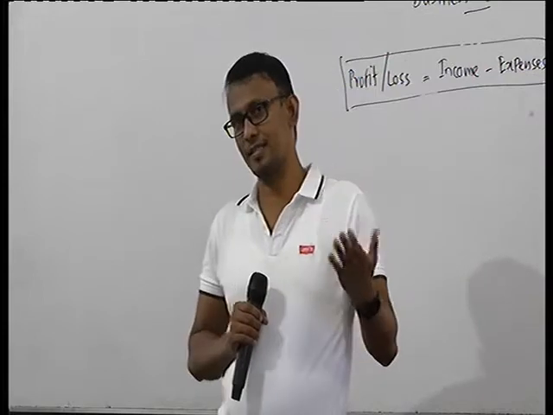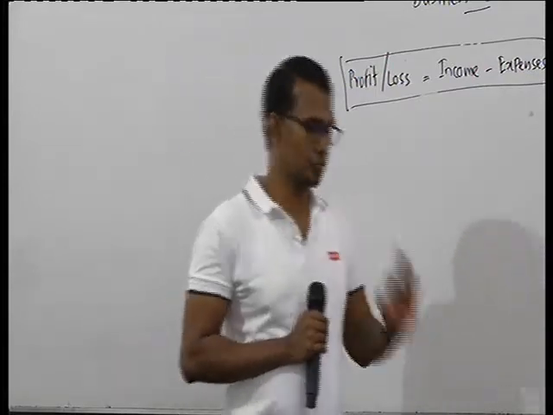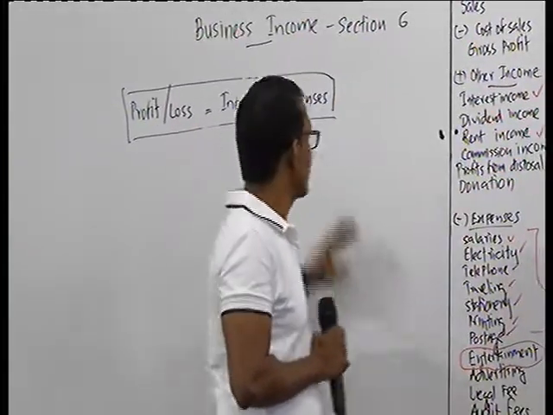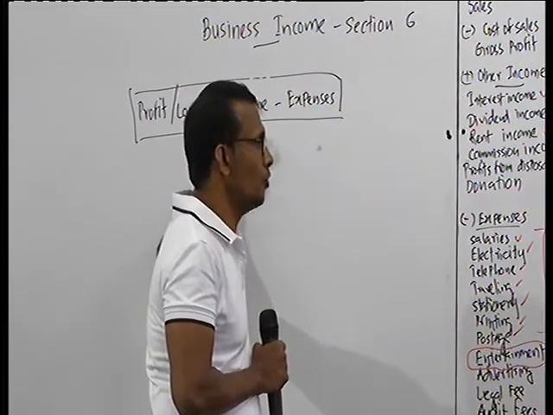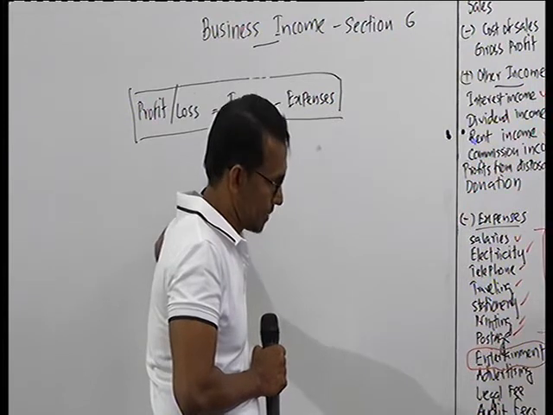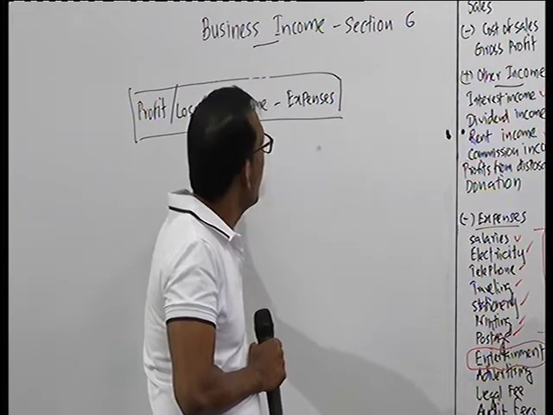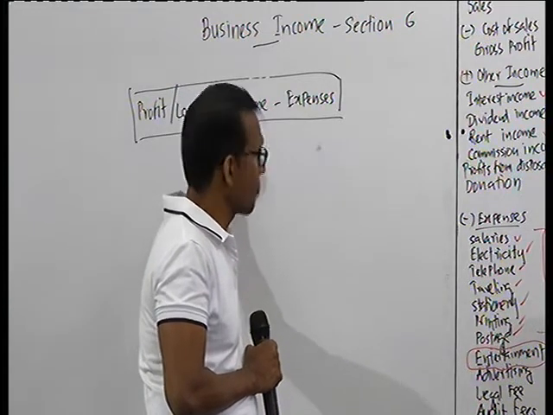If the business has resulted in a loss for the year, we say it is assessable business loss. The calculation is subject to the provisions of the Inland Revenue Act. We calculate in the same way, but you have to look at the guidelines given in the Inland Revenue Act.